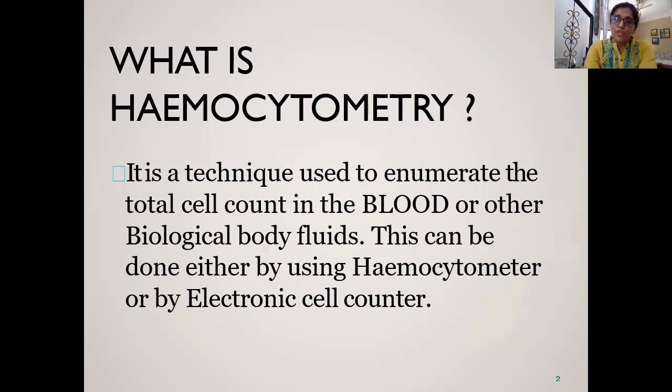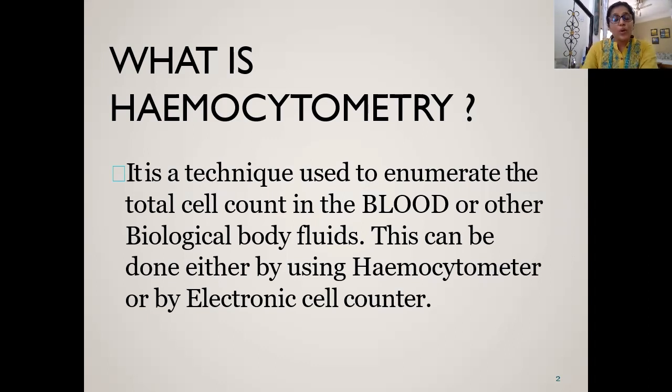So one thing which is very essential for doing this hemocytometry is to understand the nature and constitution of this blood. Now, what is hemocytometry? It is a technique used to enumerate the total count in the blood or other biological body fluids. This can be done either by using a hemocytometer or by an electronic cell counter.